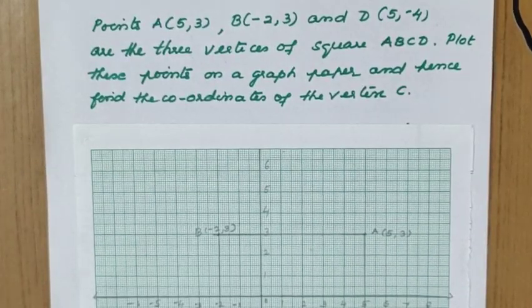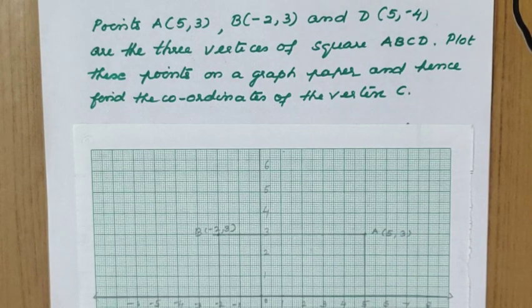Points A (5, 3), B (-2, 3), D (5, -4) are three vertices of a square ABCD. Plot these points on the graph paper and hence find the coordinate of the vertex C. I repeat the question.